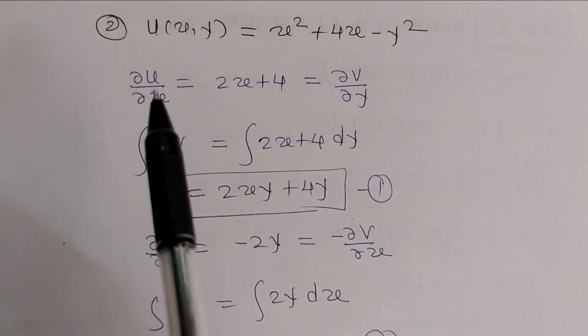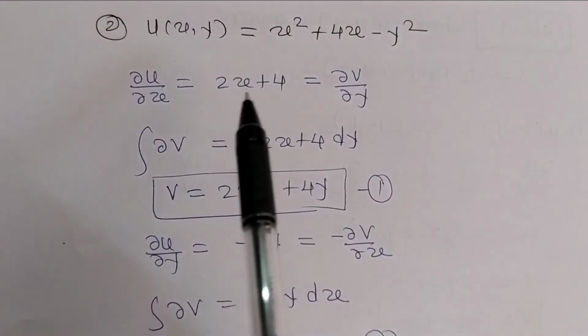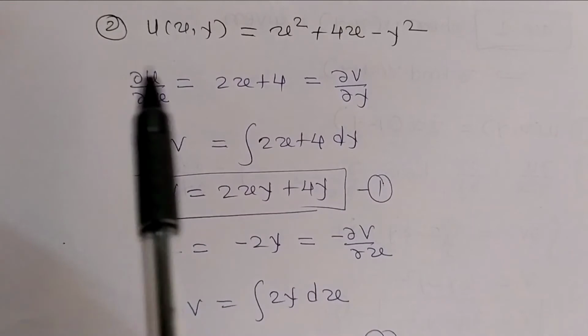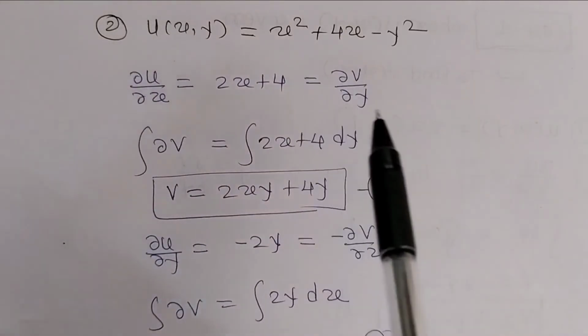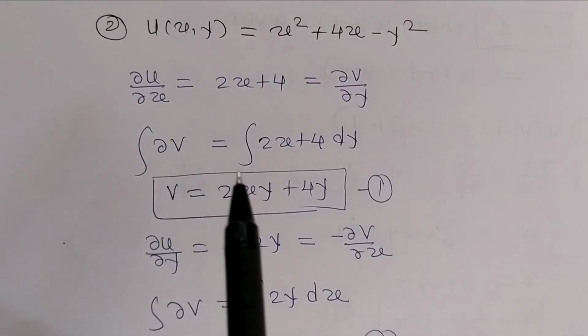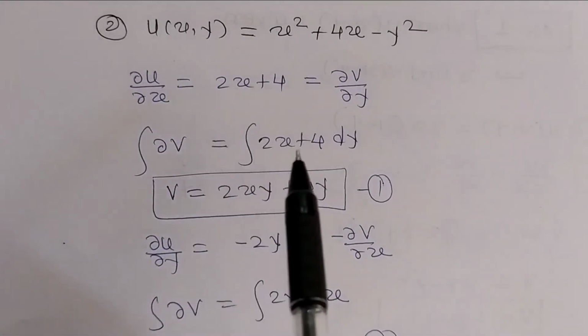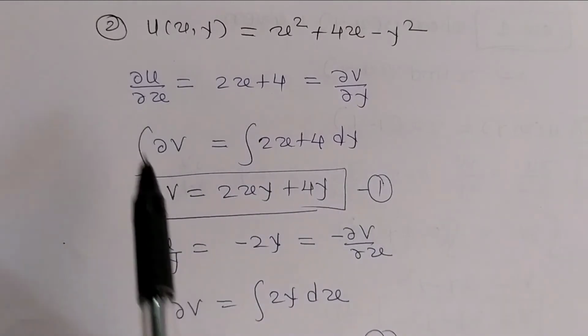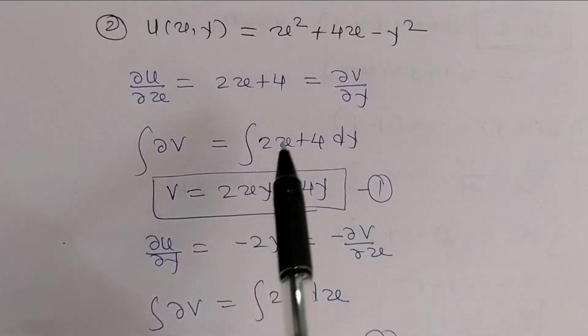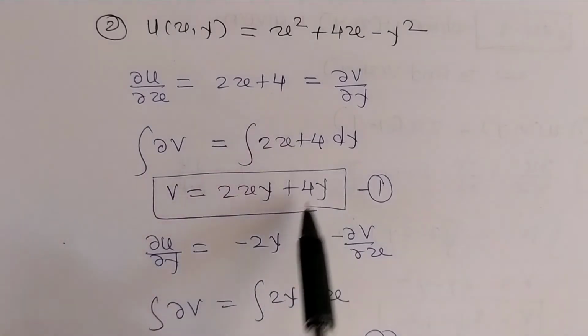Here dou u by dou x, the derivative with respect to x, is 2x plus 4, and this is equal to dou v by dou y. When we integrate this, the integration of dou v is equal to the integration of (2x plus 4) dy, so v is 2xy plus 4y.